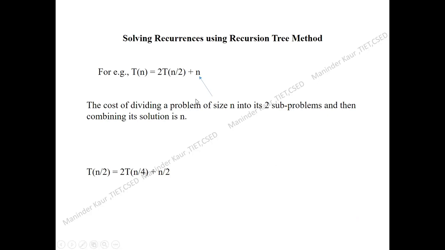Taking an example, suppose we are given the recurrence relation T(n) = 2T(n/2) + n. That means the original algorithm is dividing the problem into two equal subproblems and calling the recursive function two times, and this n represents the cost of dividing the problem into two equal halves, as well as merging the results once you get them from the two halves.